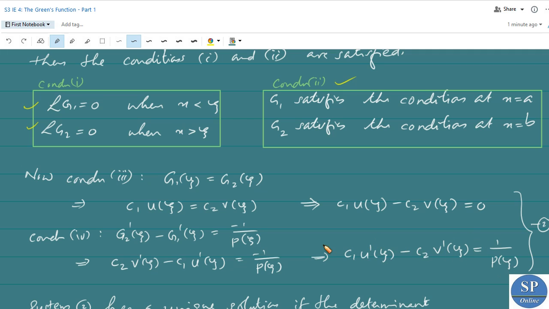Now this is a system of two equations with unknowns c1 and c2.